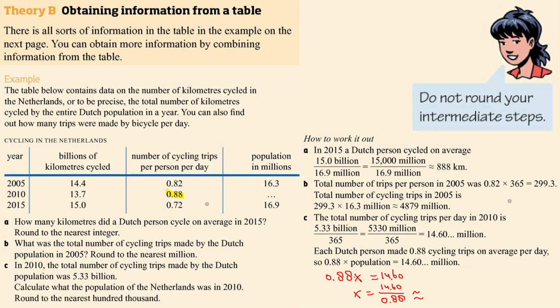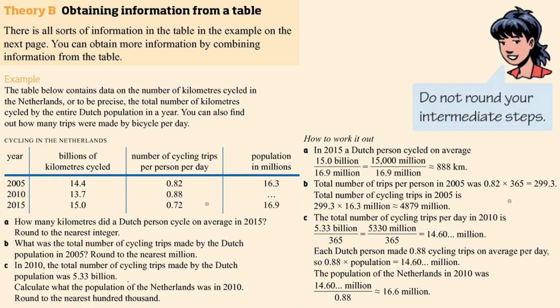Now we don't have x, we don't have a variable, we have population, but that's also a variable. And we don't have 14.60, but 14.60 million. But the same rules apply. I divide left and right by the number that's in front of my variable, which in this case is population. So I divide 14.60 million by 0.88. And it gives me approximately 16.6 million.